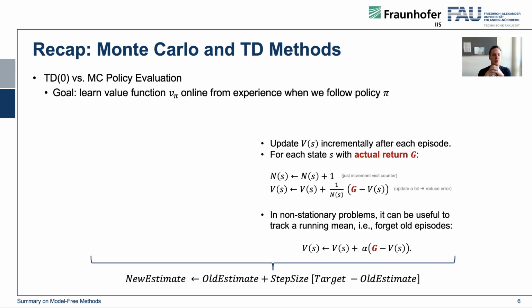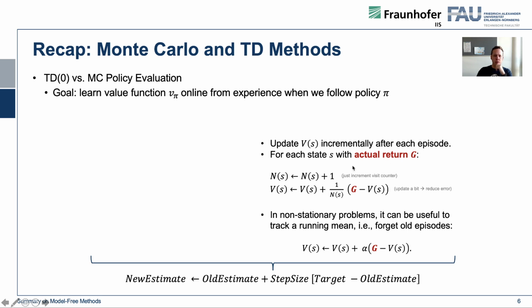Then we got to know two methods to evaluate a policy, or to do model-free prediction. The first one was temporal difference learning, in this case with a one-step lookahead, versus Monte Carlo policy evaluation. Both of them have the goal to learn the value function v pi online, only through experience samples that we get following a policy pi.